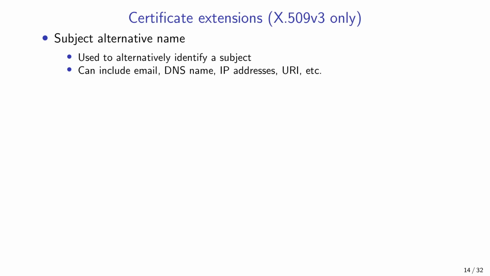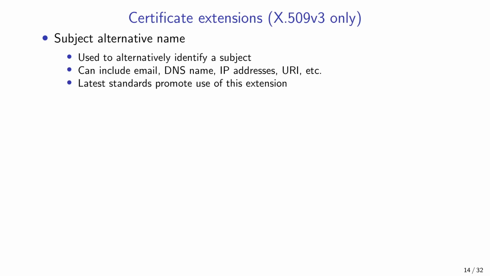Some more extensions. The subject alternative name extension can be used to identify the subject as an alternative to the subject name. It provides more flexibility than the subject name since it can include email, DNS, IP addresses, URIs, and other identifiers.